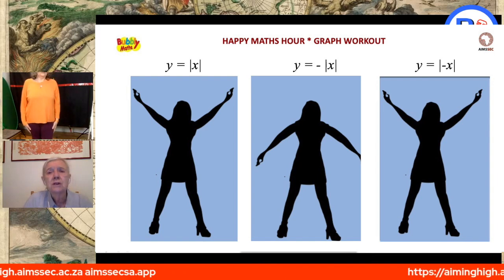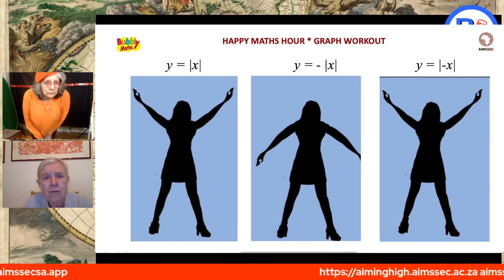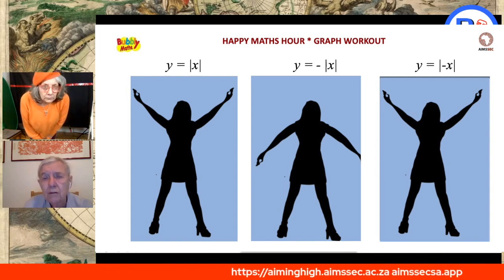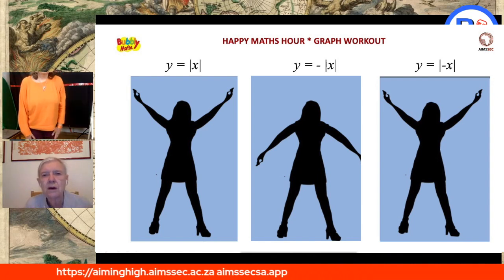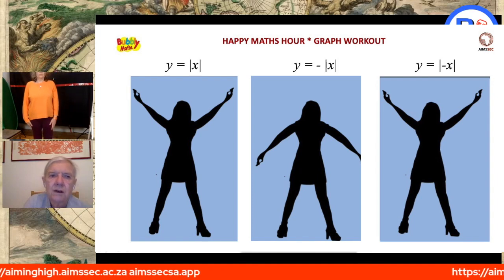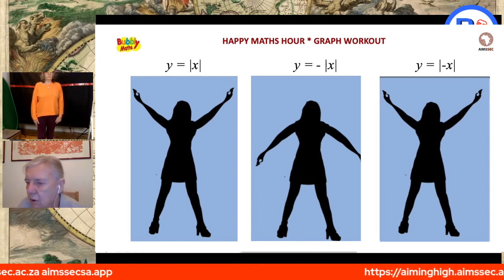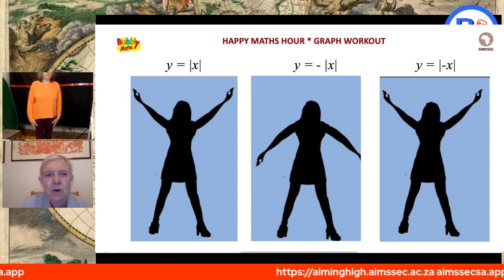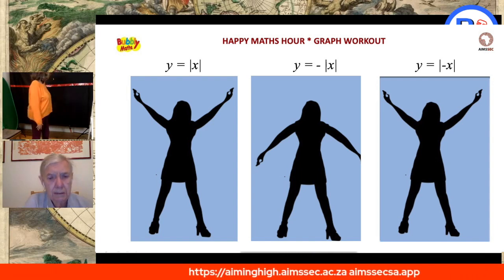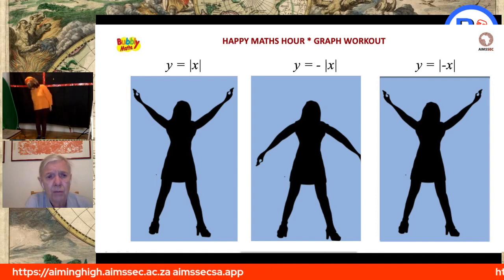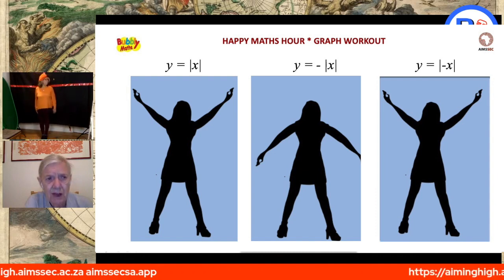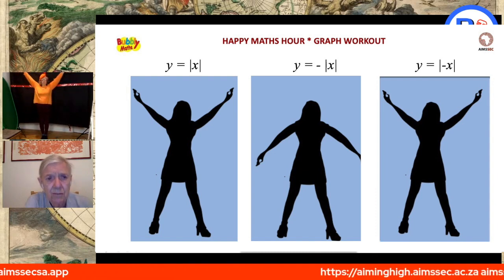Now, this is a graph that a lot of people don't know about. So these two bars, these vertical bars, are not brackets, they're just vertical bars. They mean the modulus. So as you see, the first picture, the woman there has both arms raised and they are straight.